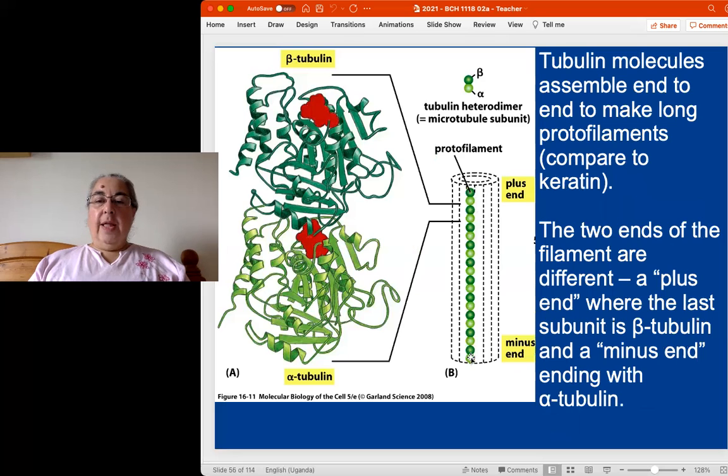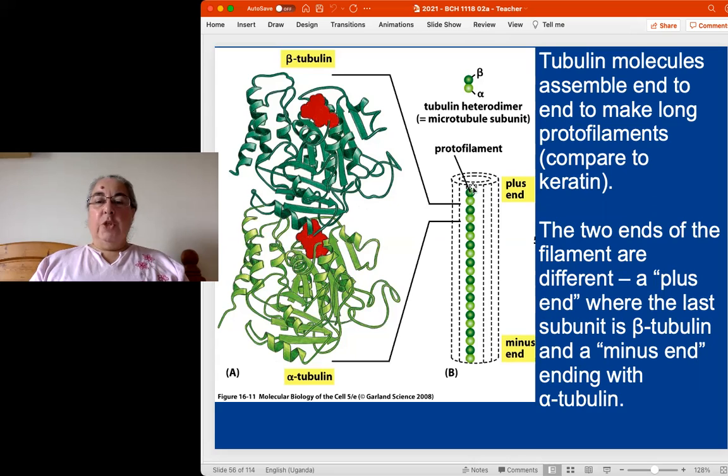In the filaments, the tubulin molecules always arrange so a beta tubulin is making contact with the next alpha tubulin. They're always in these alternating arrangements, alpha, beta, alpha, beta, alpha, beta. We never see one flipped around. We never have alpha, beta, beta, alpha.